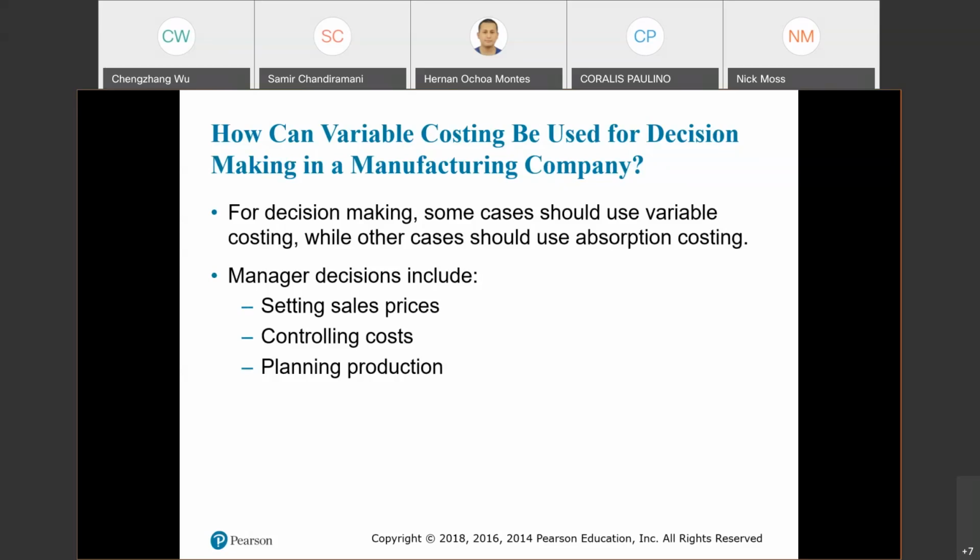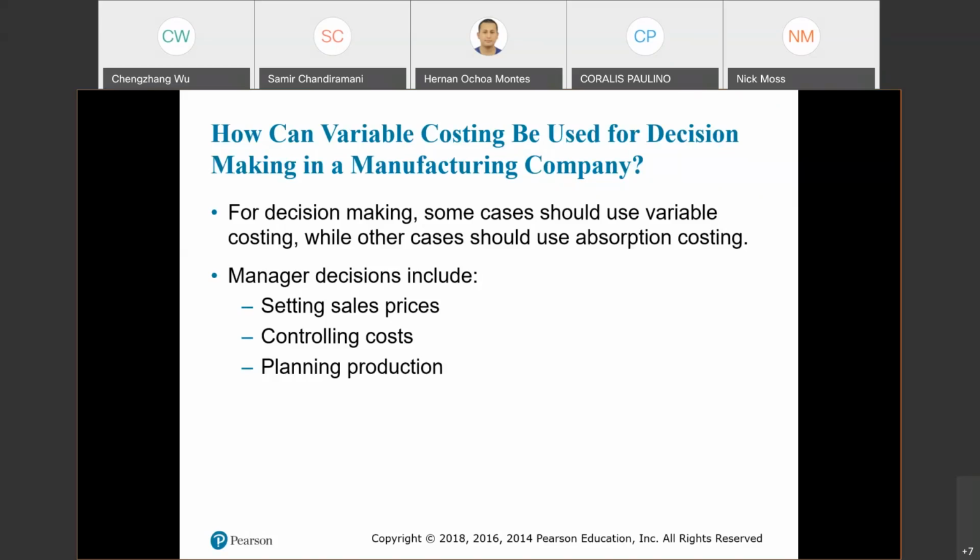If the fixed costs are not relevant, they should not be considered when making such a decision. So in the short run, in this case, variable costing is more appropriate. Short-term pricing decisions are covered in more detail in a later chapter.